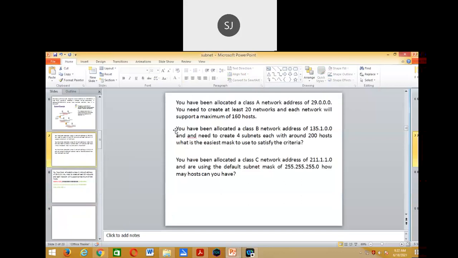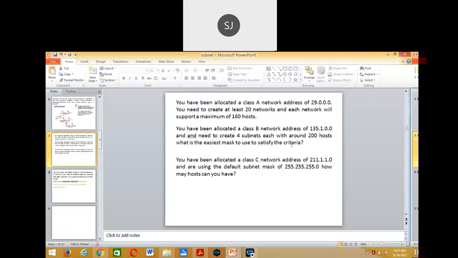See this one. You have been allocated the class B network address 135.1.0.0 and we need to create 4 subnets each with around 200 hosts. What is the easiest mask to use to satisfy this criteria?